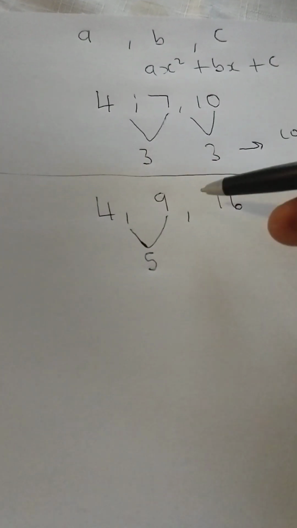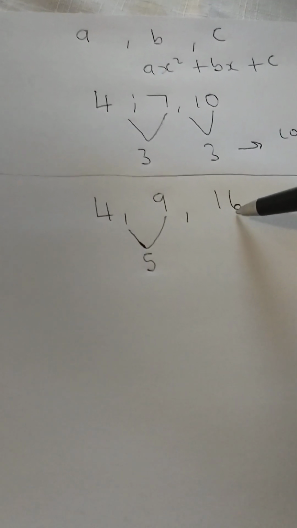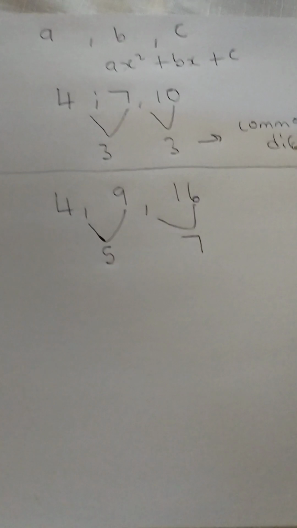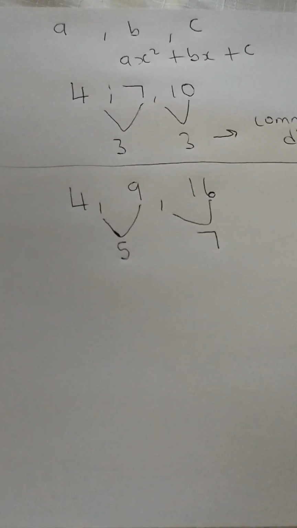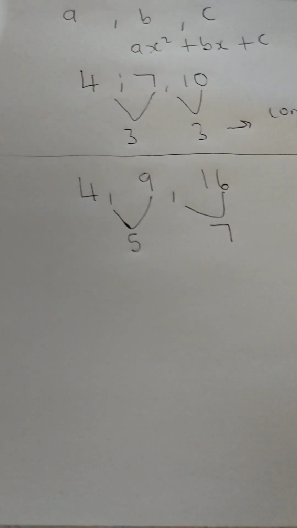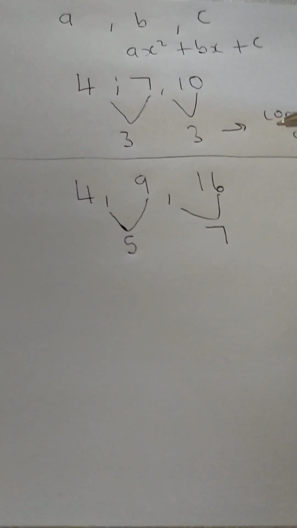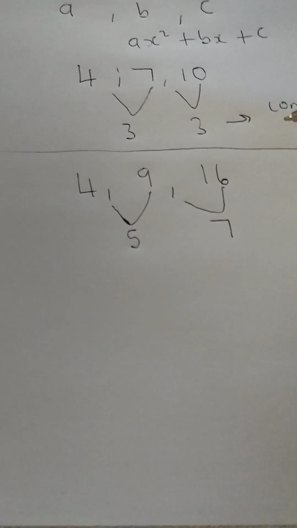Then 16 minus 9 gives us 7. So now I have a problem. I'm no longer having the same common difference like we did in the previous example of 4, 7, and 10. So now our common difference is different.